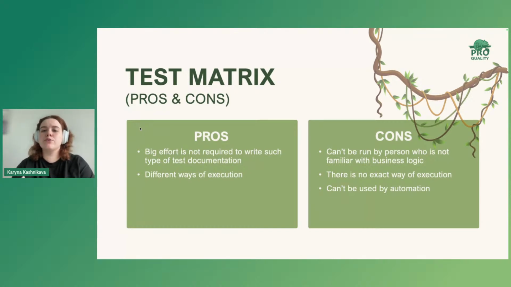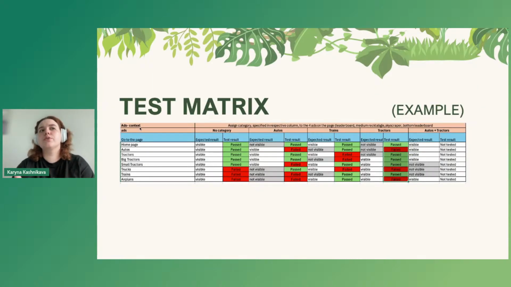And it's difficult to track the way of execution. On your screens, you can see an example of a possible test matrix for testing. You can see the list of the functionality on the left side and the checks and the setups on the top, and the results for each setup for each functionality.